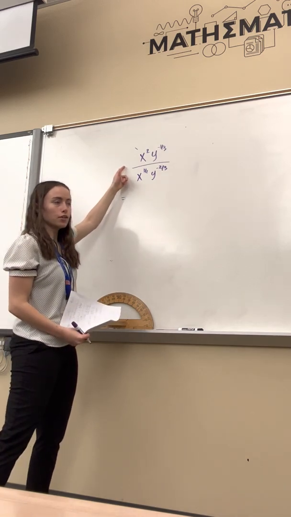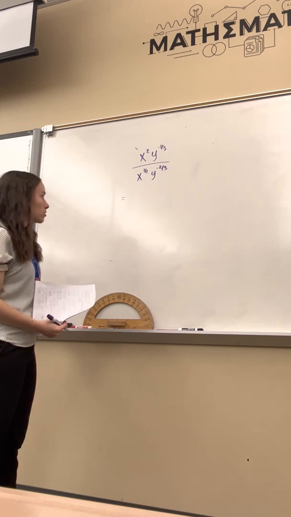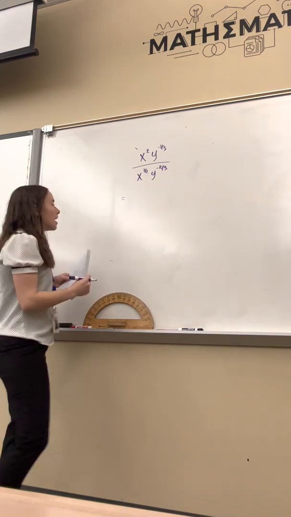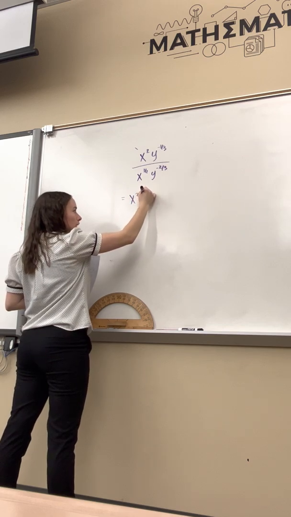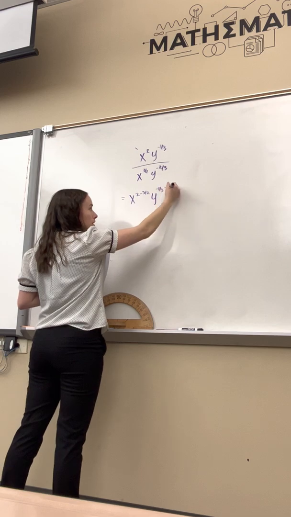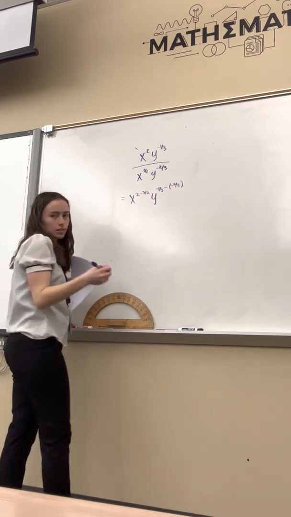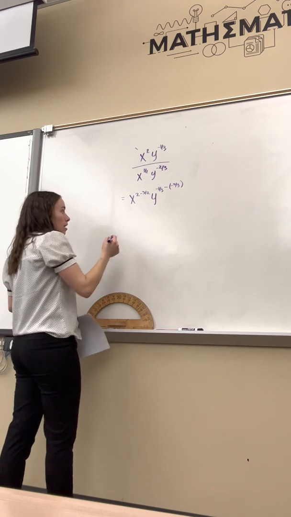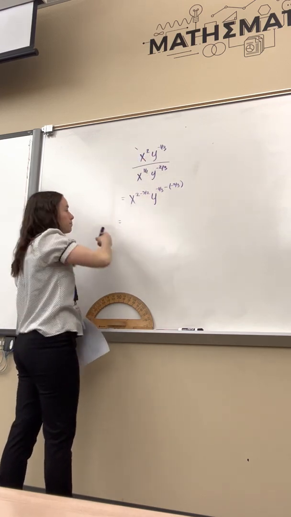We have a fraction bar there, so we want to deal with the quotient rule in the exponent rules. And that means that we have x to the 2 minus 3/2, y to the negative 1/3 minus negative 2/3. Because the quotient rule says we're subtracting the exponents.